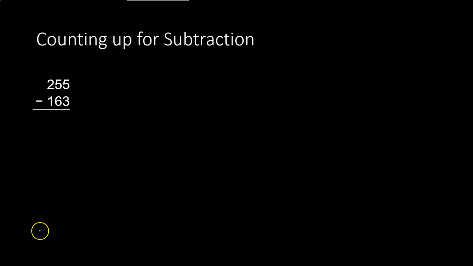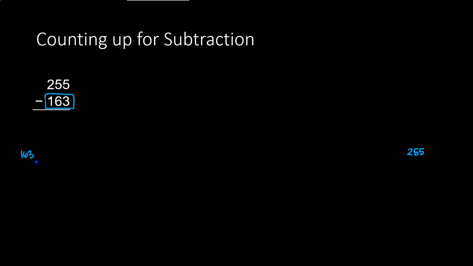Now, you've probably seen this talked about because it's used in Common Core. So I want to show you how it works. If I want to do the subtraction 255 minus 163, I start at the number that I'm subtracting, and then I count up until I get to the number that I'm starting at, 255.